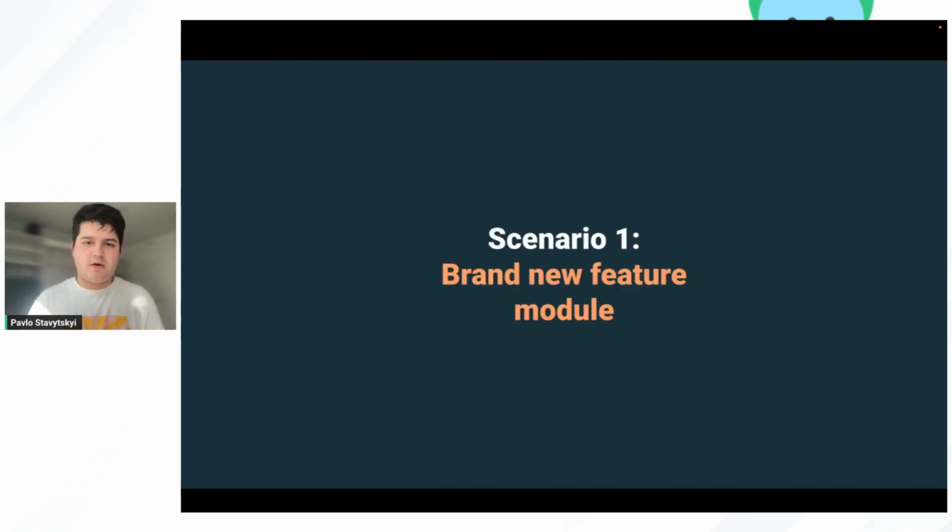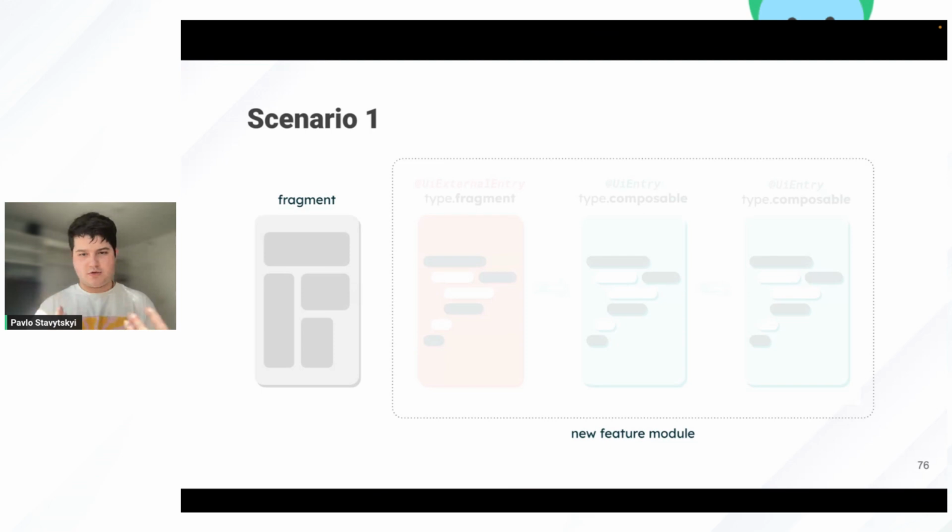The first scenario, let's imagine it's the easiest one, because you're just adding a brand new feature module. It's a separate Gradle module, and you have a legacy fragment in some other module, and you just need to navigate to this new feature module.